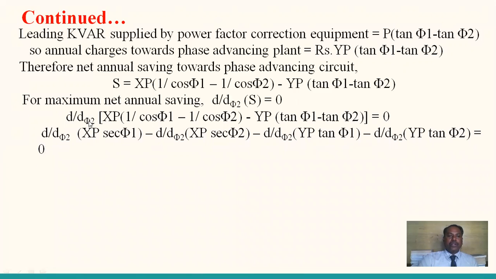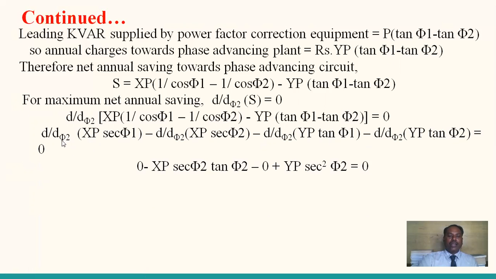So d by dφ2, you can split the terms: XP into 1 by cos φ1, that is secant φ1, minus d by dφ2 of XP into secant φ2, minus d by dφ2 of YP tan φ1, plus d by dφ2 of YP tan φ2, is equal to 0.